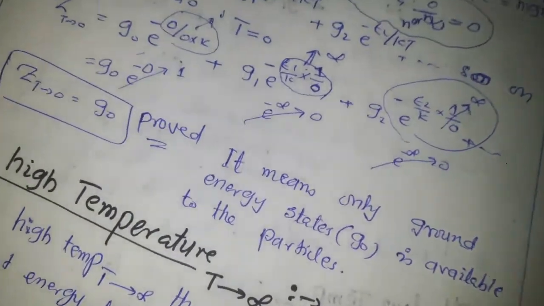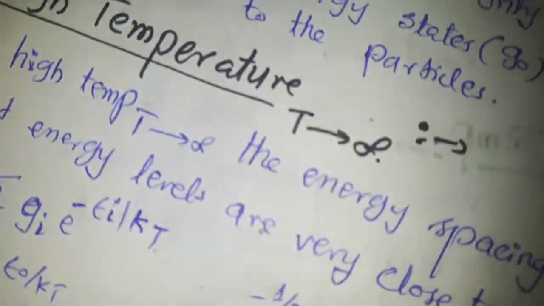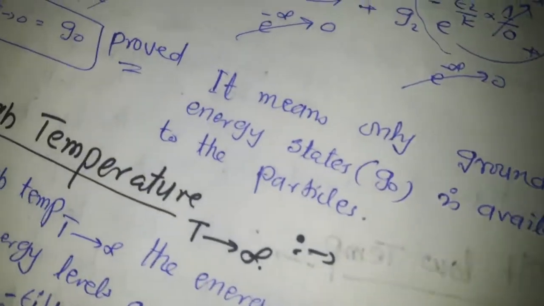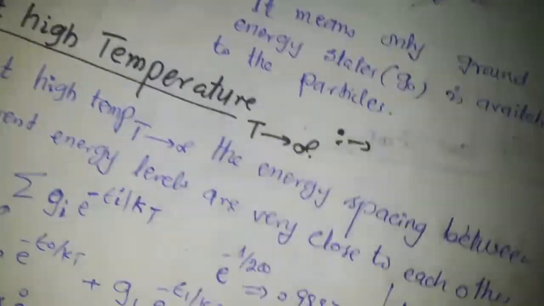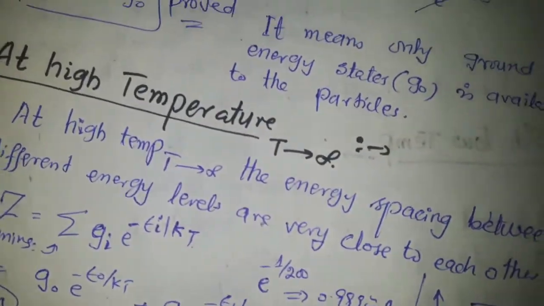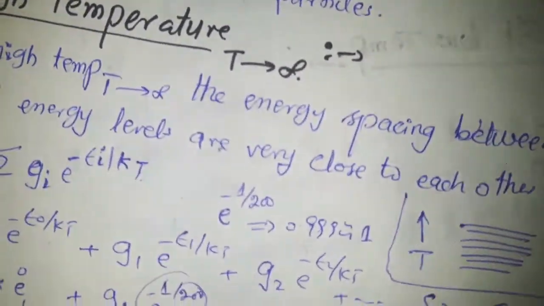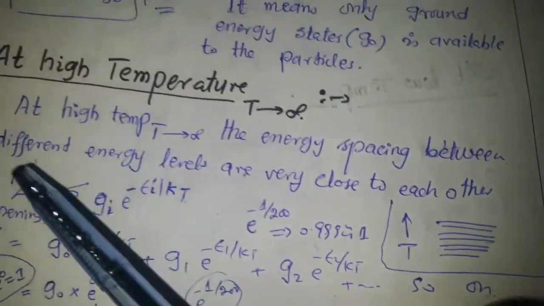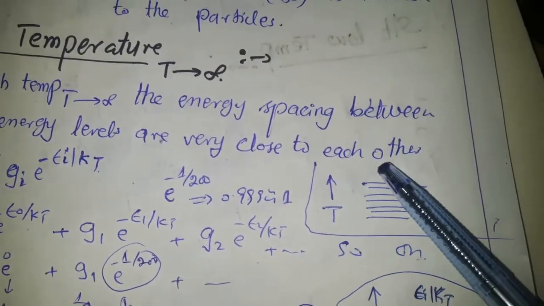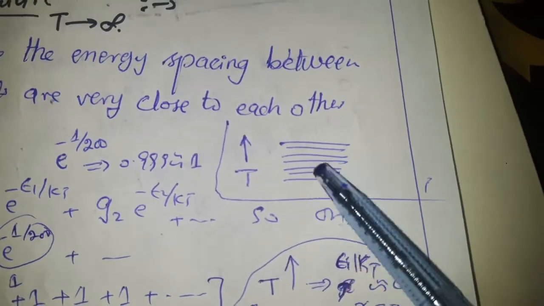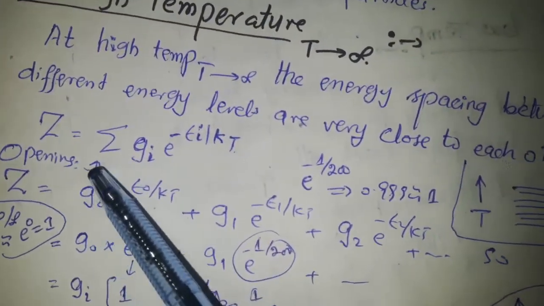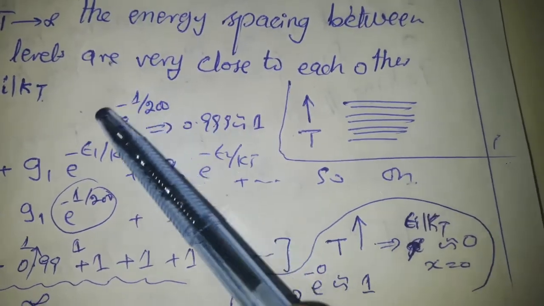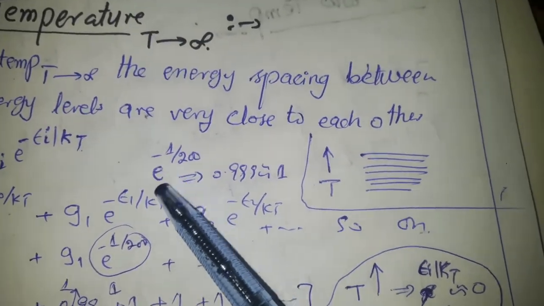Now, considering that the temperature is very, very high, what will happen? In that case, at high temperature the energy spacing between different energy levels is very close, and in that particular case we already proved that this exponential term, in which we put a high temperature, gives us 1.